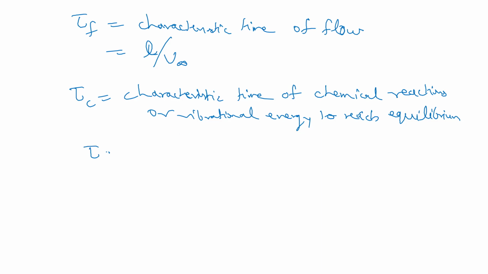So if tau f is very much greater than tau c, it means the time taken for a chemical reaction to happen or vibrational energy to reach equilibrium is very less than the flow time, then the flow is considered equilibrium.